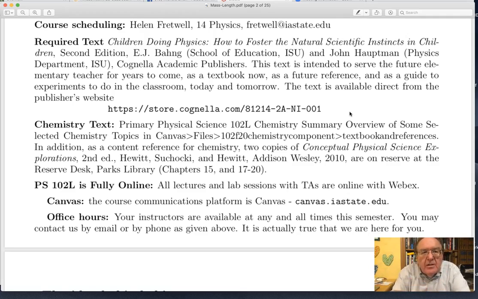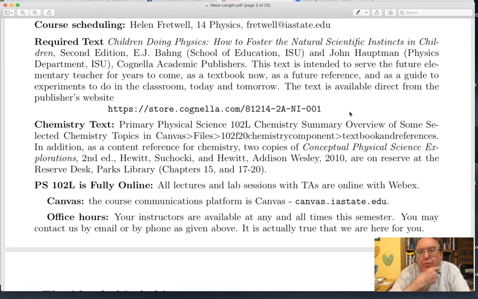But as it says up here, it's also useful not only as a textbook now, but as a future reference as a teacher. It's a guide for what you can do in the classroom, both today and tomorrow. It's good for homeschooling too. And so someday the principal of the elementary school, on a Friday afternoon, as you're going out to the parking lot, says, well, what are you going to do in science next week?